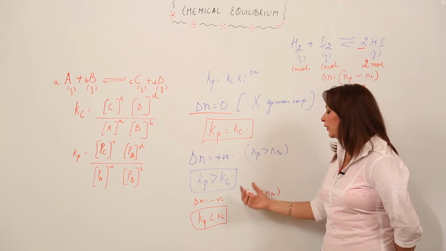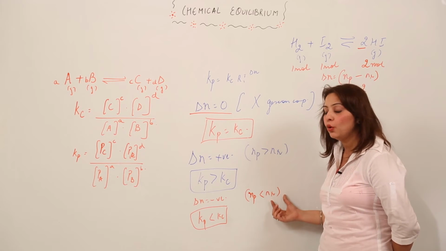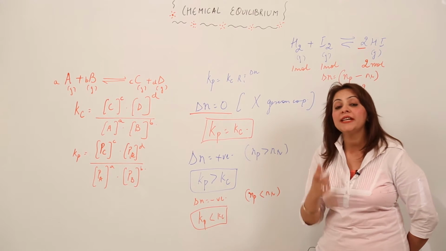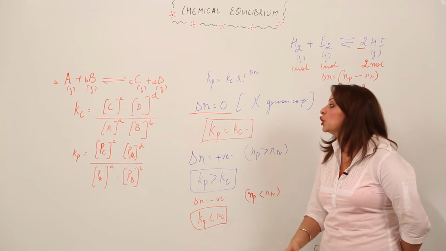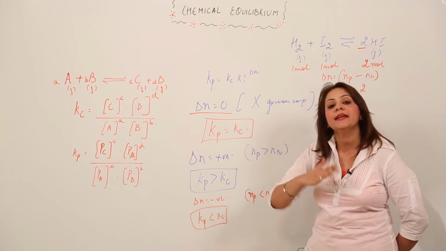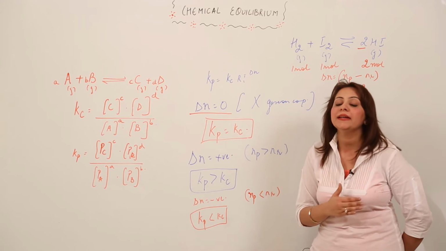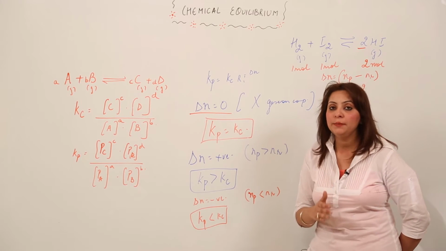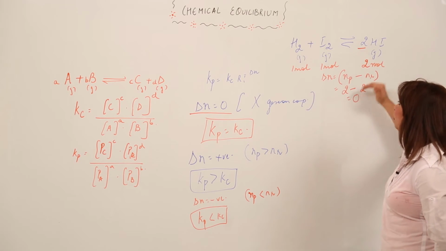And if the number of moles of reactant is more compared to the product, then delta N is going to be negative, so Kc is going to be greater than Kp, that means Kp is less than Kc. These are the different conditions under which Kp is equal to Kc, greater than Kc, or less than Kc. You need to remember these equations, these are very important. And I think you now know how to calculate the change in number of moles, right?